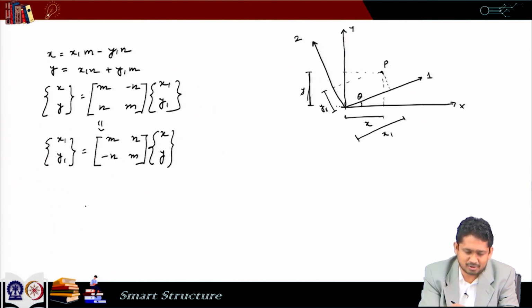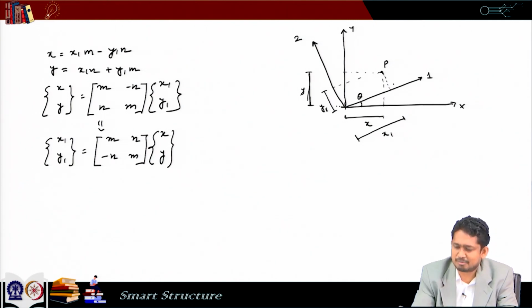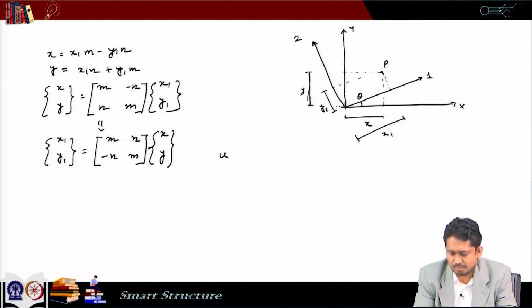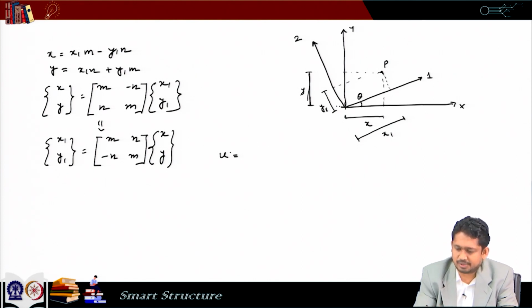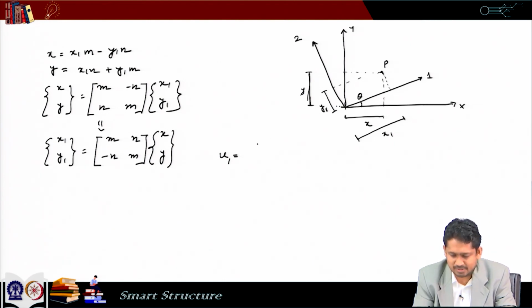Now, before that, because we know our x in terms of x 1 and y 1 is this, if we define a movement along x and call it u, which is a displacement along x, or to write it the other way, if we define a movement along direction 1 and call it u1, then u1 with respect to a movement along x and y can also be written as mu plus nv.